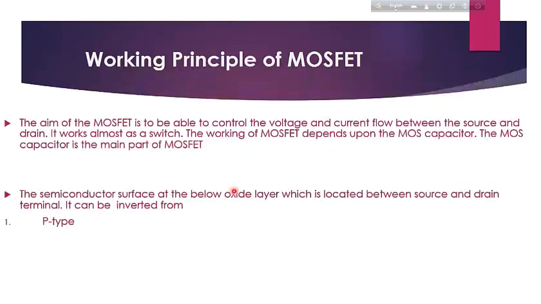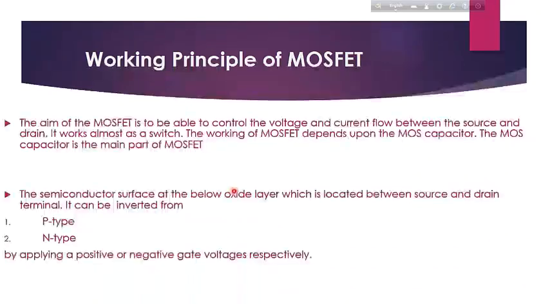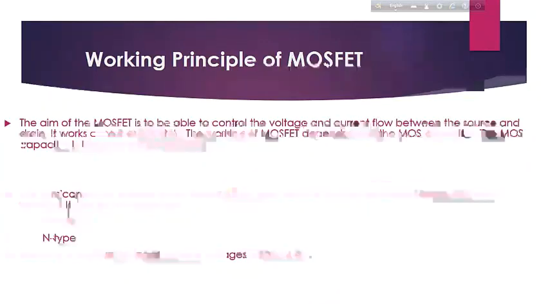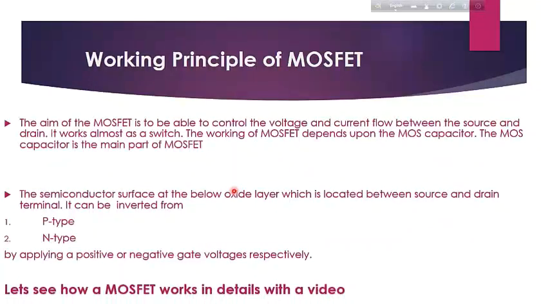We can invert this layer in two ways, to p-type or n-type, by applying a positive or negative gate voltage respectively. Let's see how a MOSFET works in detail with a video.